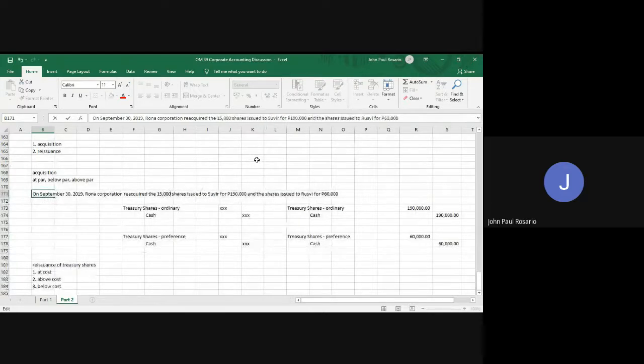15,000 shares issued, ordinary shares, and the 12,000 preference shares issued to SB. Okay.